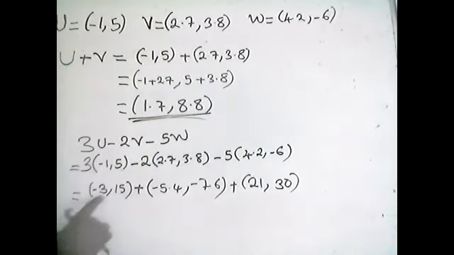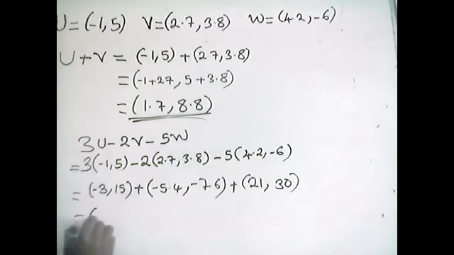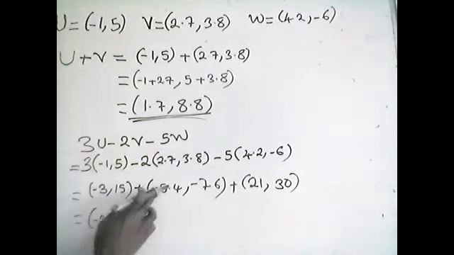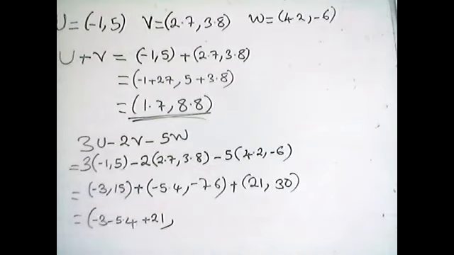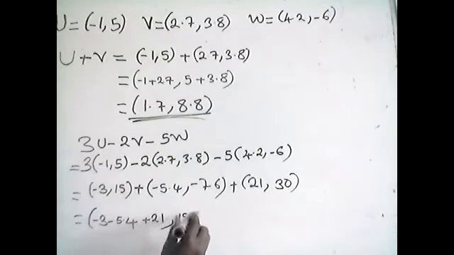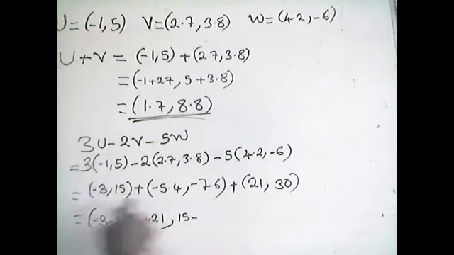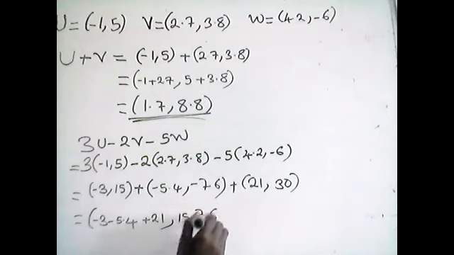So for x, we add -3, then -5.4, then -21. For y, we have 15, then -7.6, and lastly, we have 30.